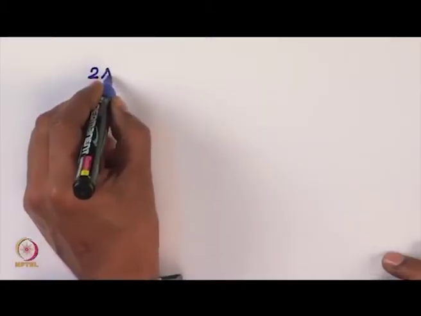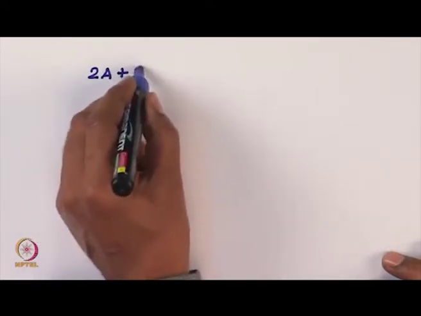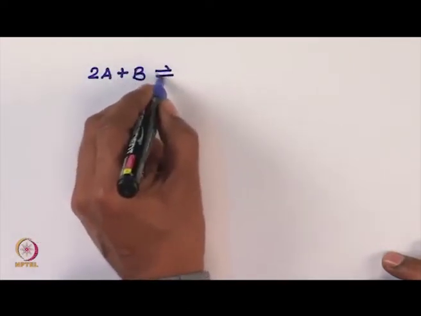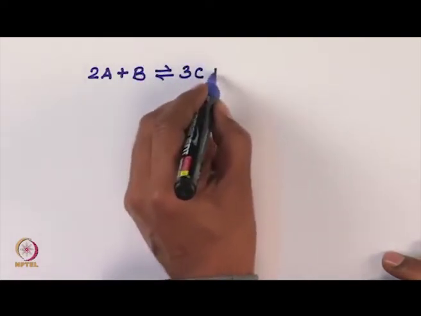Let us see how to approach this question. This is the chemical reaction, 2A plus B in equilibrium with 3C plus 2D.